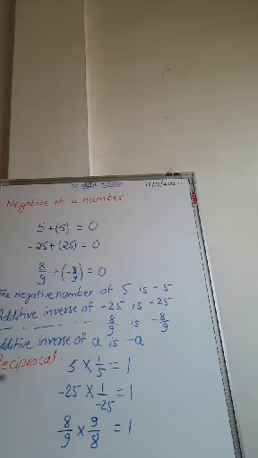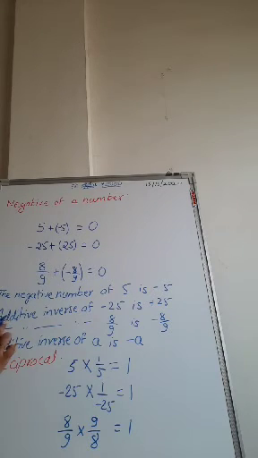So 1 is the multiplicative identity, and now we can say, here the negative of the number 5 is minus 5. Here we say the reciprocal of the number is that much. That is, the reciprocal of minus 25 is minus 1 divided by 25.